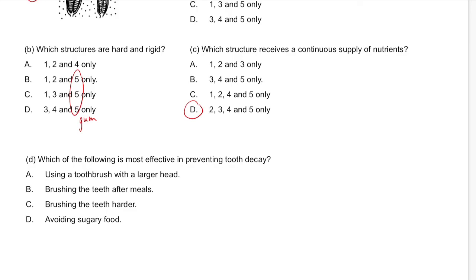But for B, brushing the teeth after meals, it doesn't matter what kind of food we're taking, we just remove all the food debris in our mouth, so the bacteria won't be able to produce any acid. So that's the most effective way of preventing tooth decay, because it can effectively avoid acid being produced in our mouth. So the correct answer should be B.